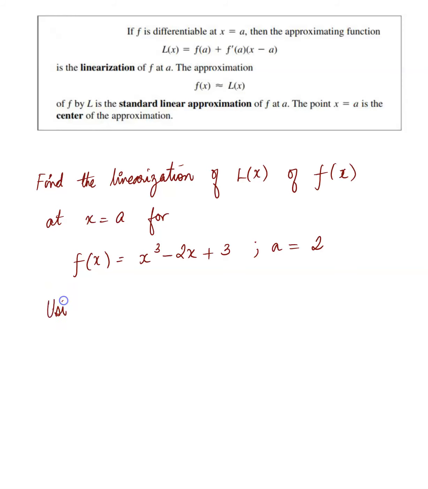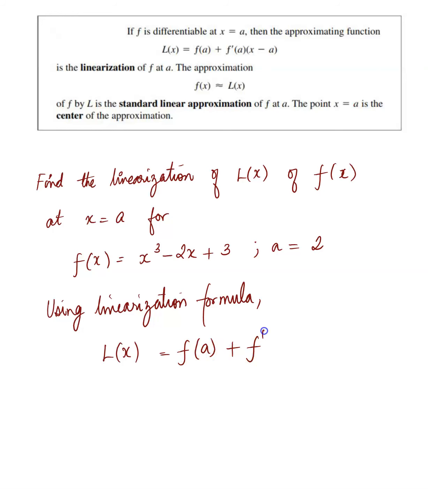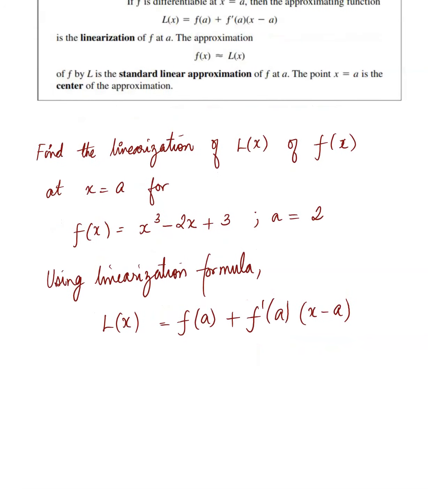Using the linearization formula, the new L of x, the tangent line, will be f of a plus f prime of a times x minus a. This is nothing but your slope-point form that is rearranged. So we are not writing anything brand new here.